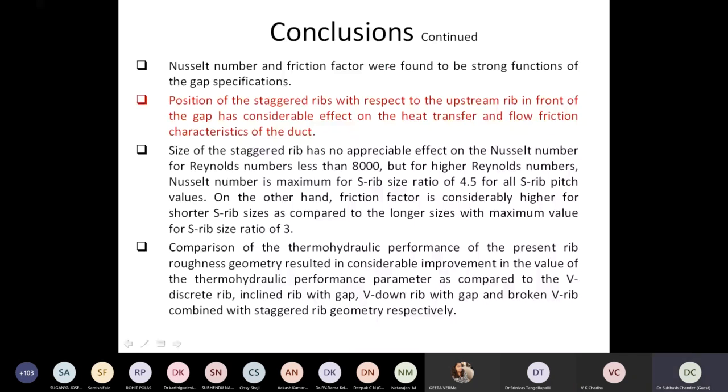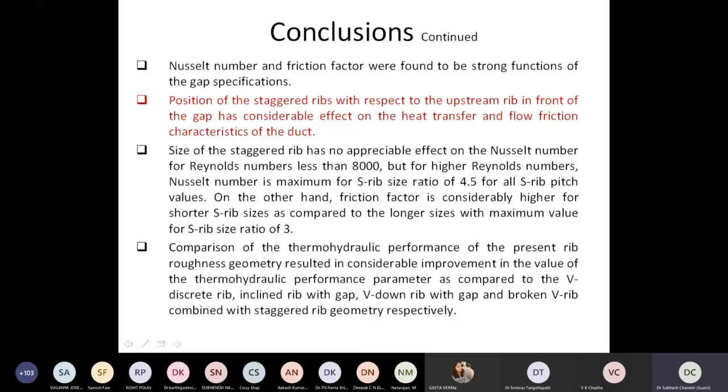The staggered rib, V rib with gap with staggered piece is going to give us better performance and can be recommended without any hesitation for applications of solar air heaters.